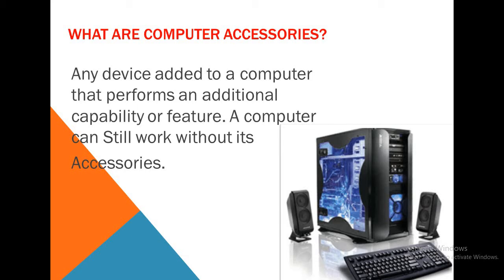Now, a computer is made up of three main parts, which are the input, process, and the output. The input comprises your keyboard and your mouse. The process is your central processing unit, which is your system unit, your CPU. While the output is your screen, which is your monitor.